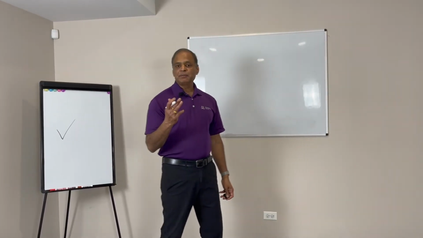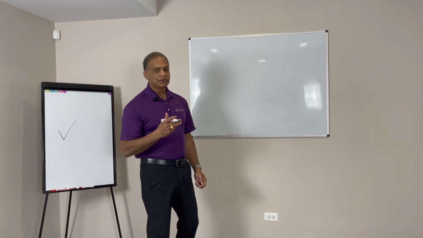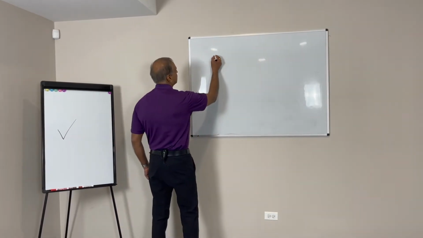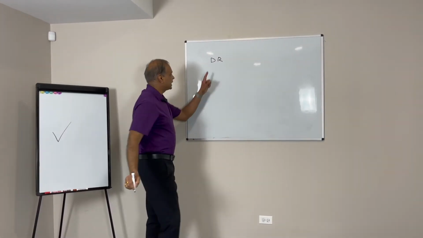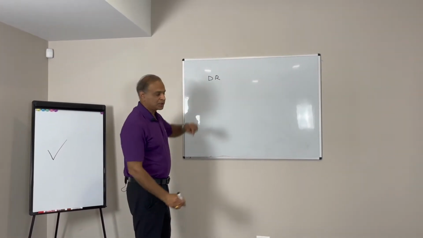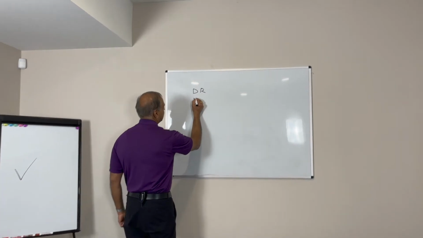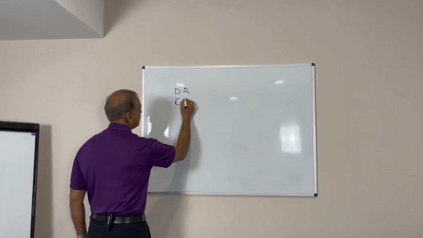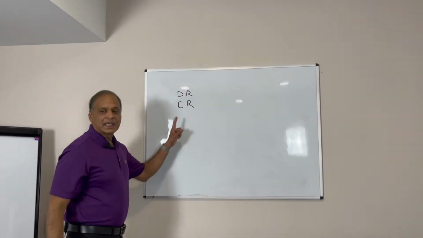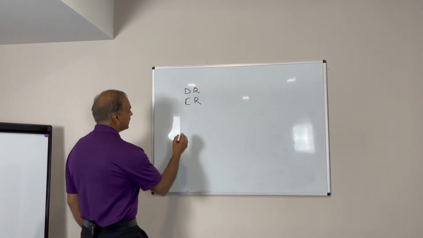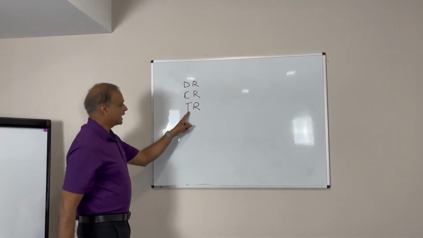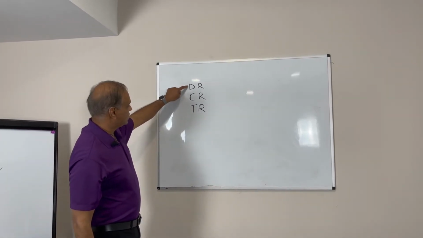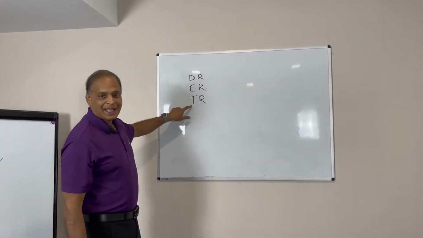So there are only three pillars that we can use. First pillar is DR, which is dietary restriction. The second pillar is CR, which is caloric restriction. The third pillar is TR, which is time restriction.